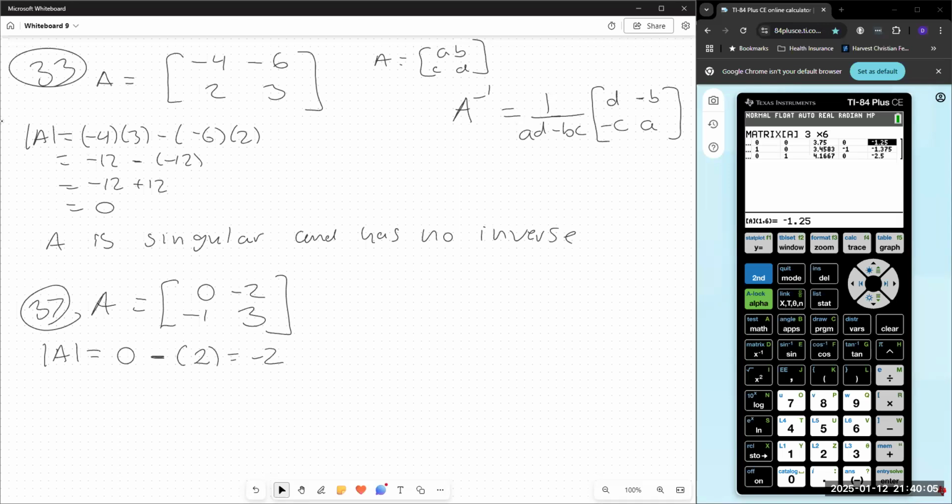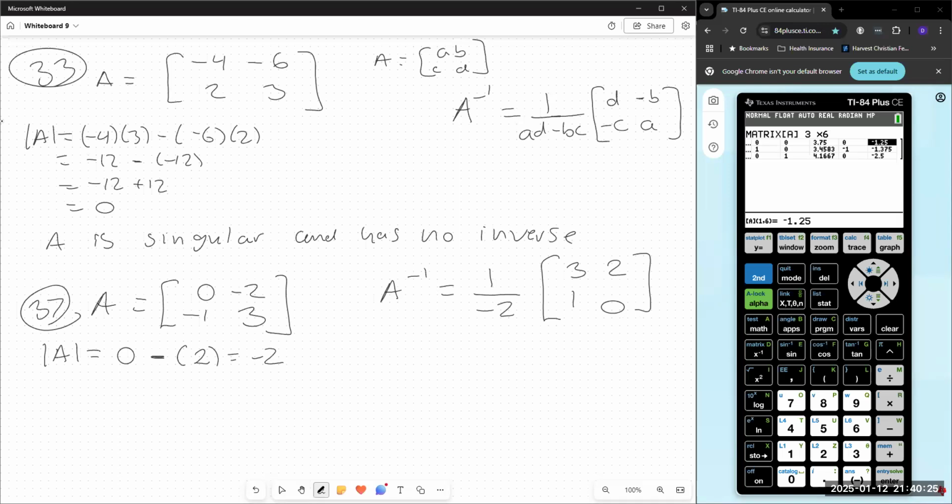I'm in good shape. It's not 0. So A inverse is going to be 1 over -2 times switch positions of A and D, switch signs of B and C, like so.